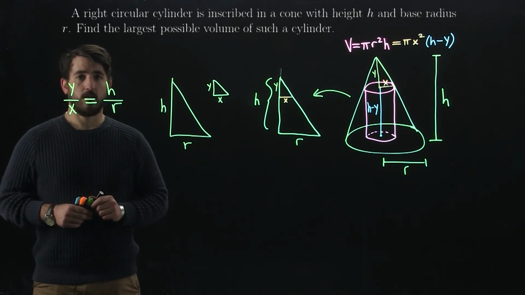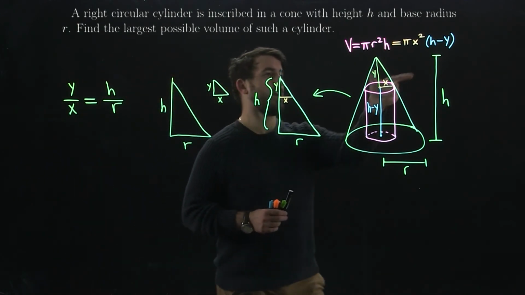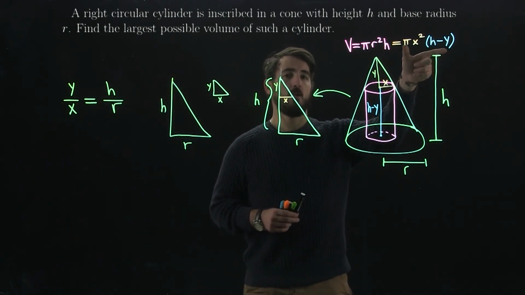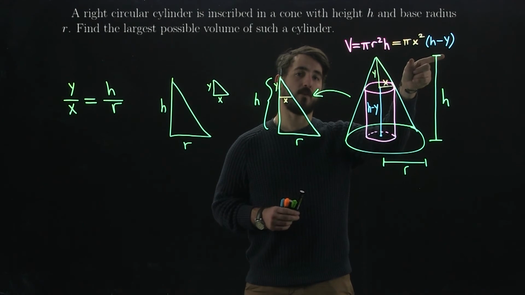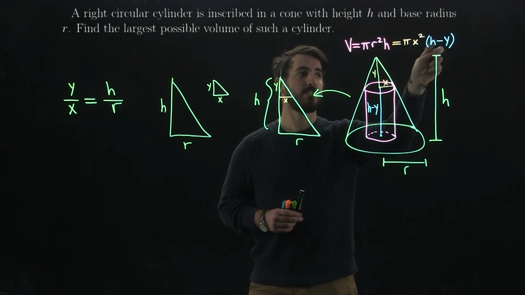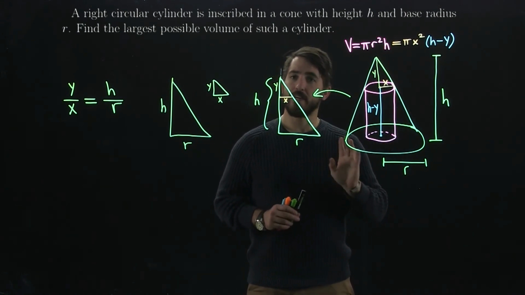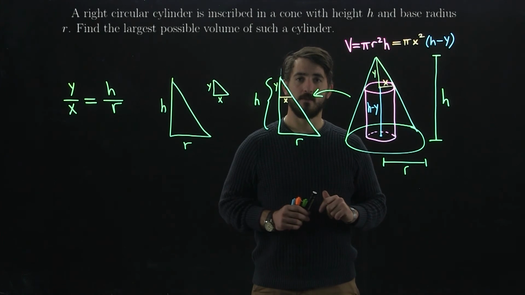Now, if we look at the volume equation, the second one that we found based off of our drawing, we know that we need to rewrite this volume equation in terms of only one variable. We have it as x and y. And again, h is a fixed number. It is not a variable.